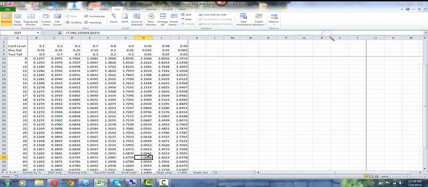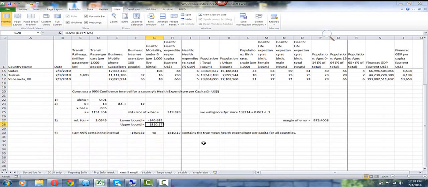So some people might try to interpolate these two values. Some people will go down to 40 to be conservative. But a lot of people, anything over 30 degrees of freedom, they say, okay, the z is a good, decent approximation.